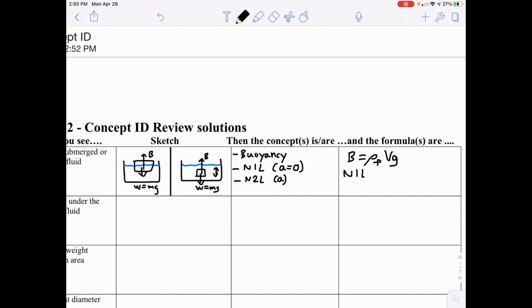The Newton's first law equation is, of course, forces going up equal forces going down. And the Newton's second law equation is causing force minus opposing force equals ma.